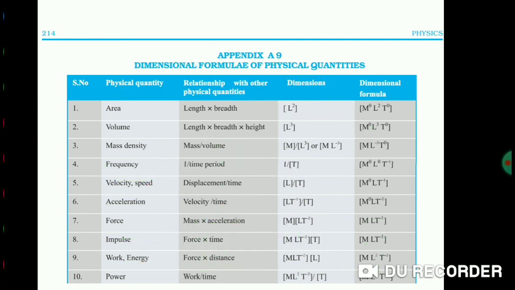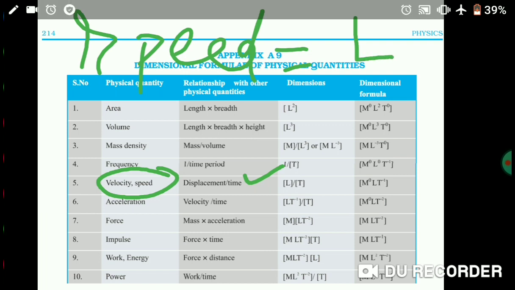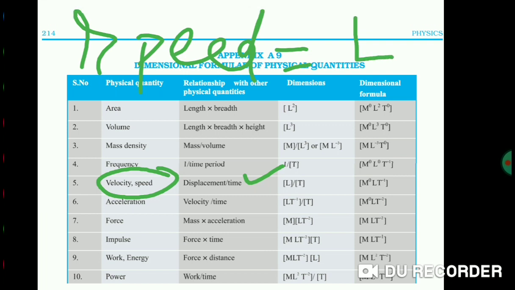Now the next one, velocity or speed. Both have the same dimensional formula. The general formula of velocity is displacement by time. Displacement is measured in length, yes. So speed is equal to distance or displacement, which is measured in length, by time.